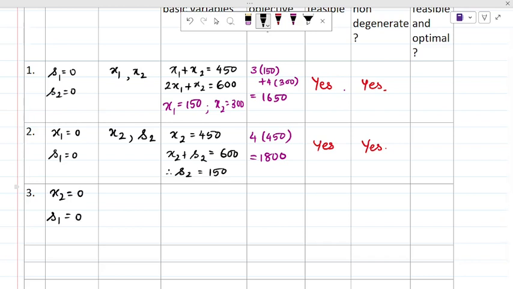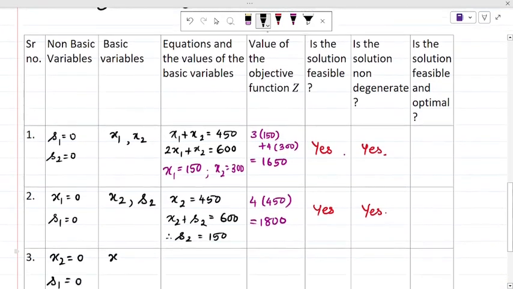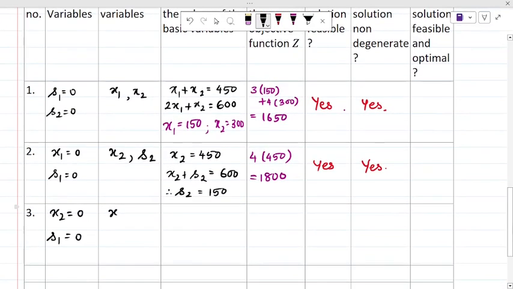So the basic variables will be x1 and s2.